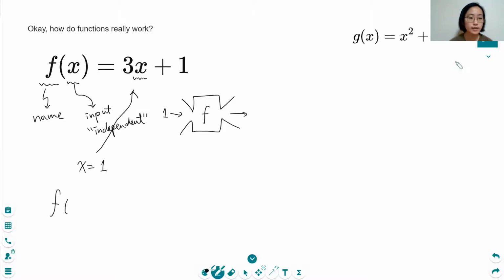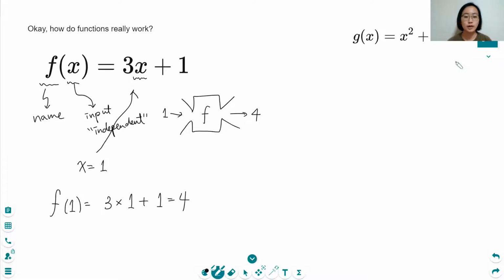So I write f of 1, and then 3 times 1 plus 1 is 4. This means that the output this machine will give us is 4. That's how you calculate the output. You put it into the slot. If you do that, we say that you evaluated the function f at x equals 1.